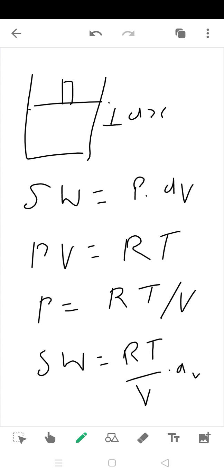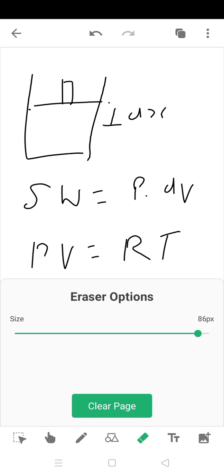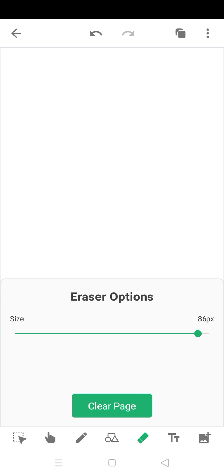If we change the volume by dV, then how much work done is del W. If the volume changes from V1 to V2, then how much work done will be? We will integrate to calculate the total work done when volume is changed from V1 to V2.